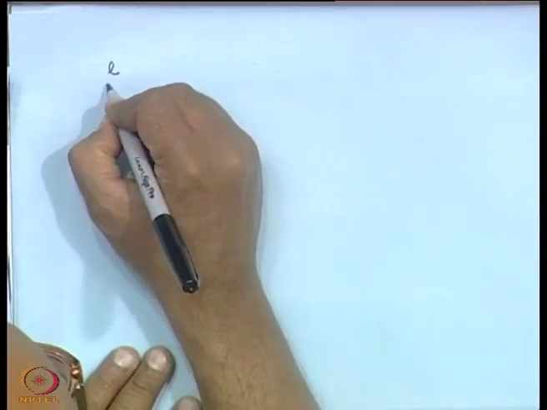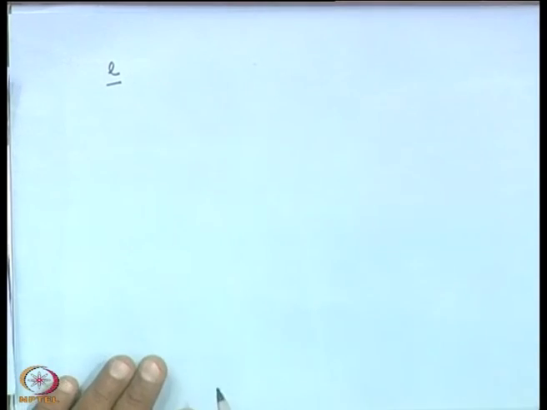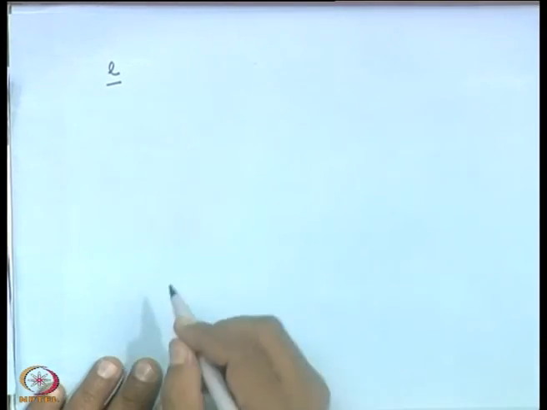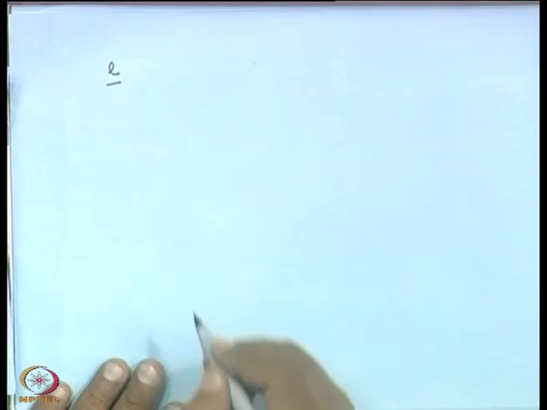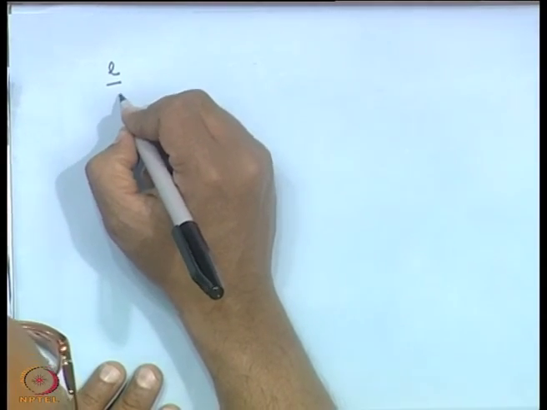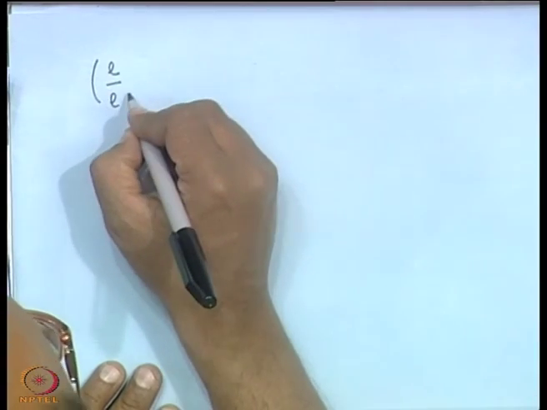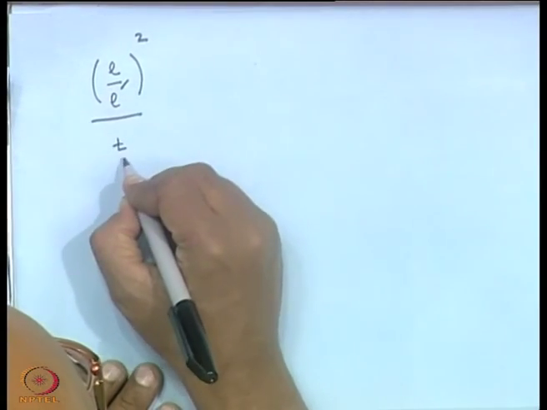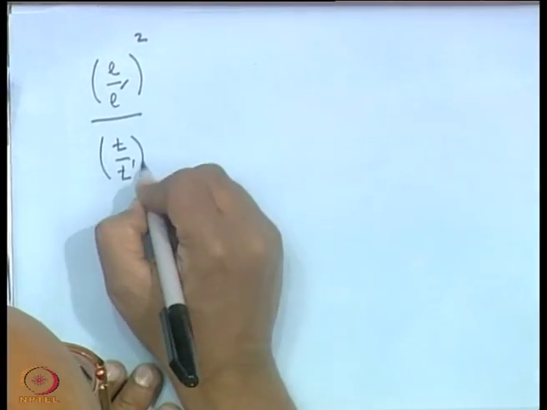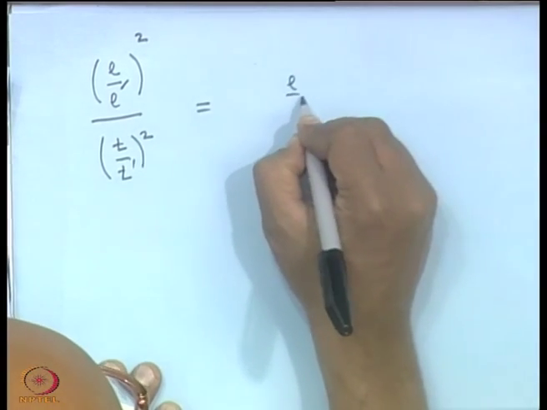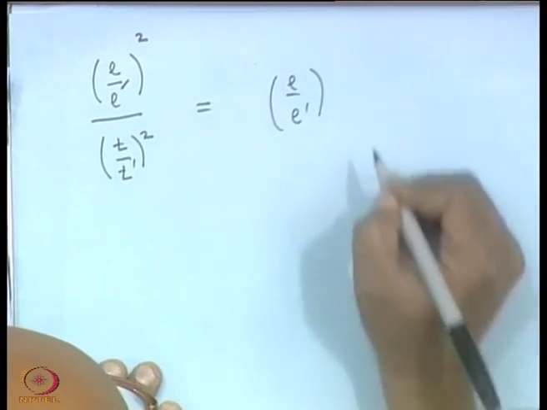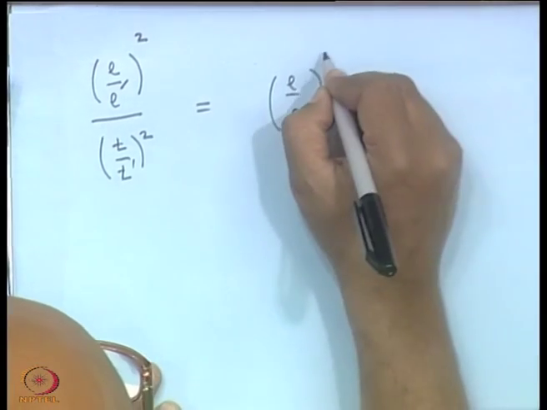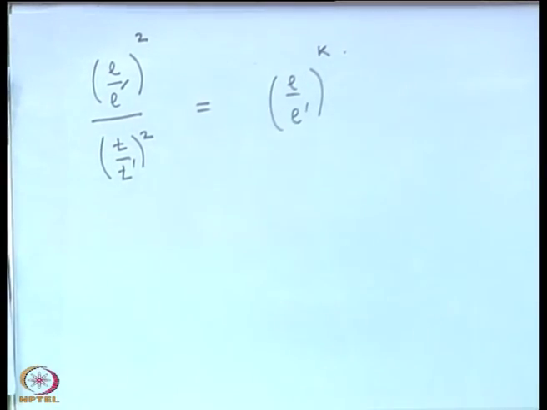So, the condition here is that (T by T prime) square should be equal to (L by L prime) to the power of (1 minus k), right. That is the condition.